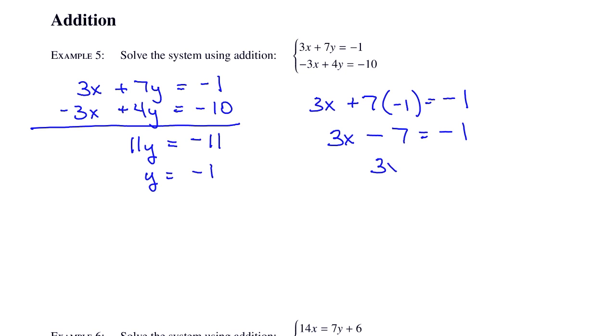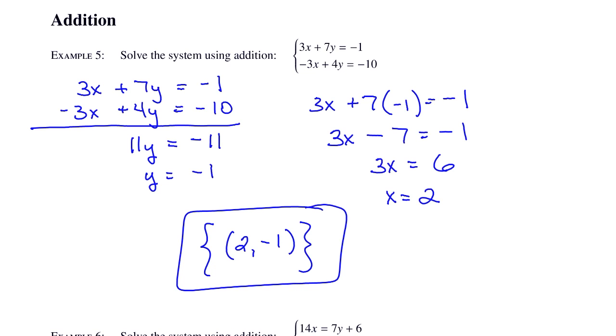Move the 7 to the other side. It goes over as a positive. And x is equal to 2. So the solution set is the point (2, -1).